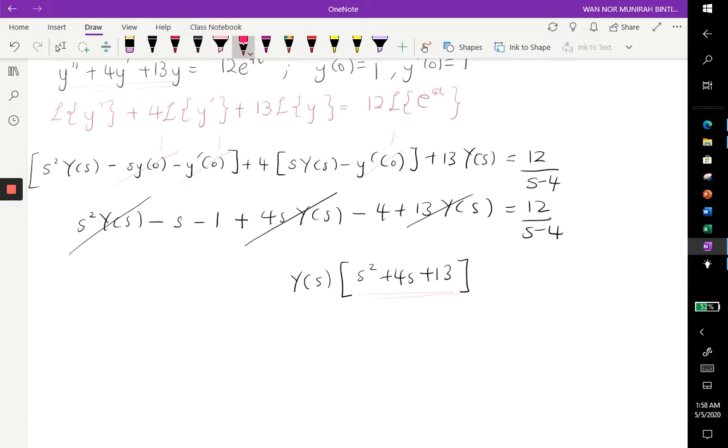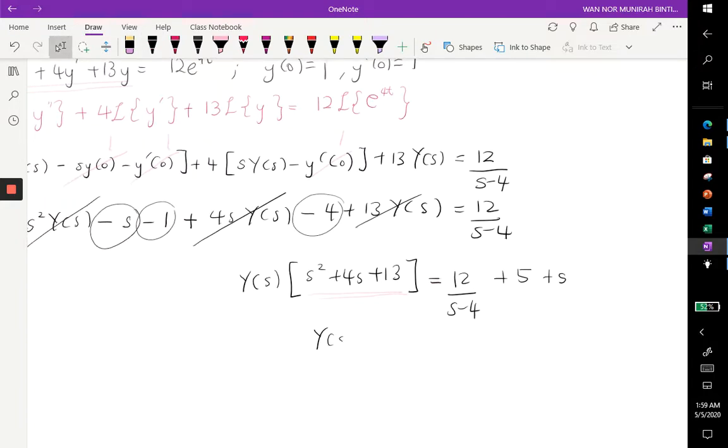Okay, that is not my point, I just give you the idea. All right, so you have 12 over s minus 4. Okay, don't forget about this one. So you have minus 1 and minus 4, so you have plus 5. So plus 5 here, and this one you need to bring to your right, so you have plus s.